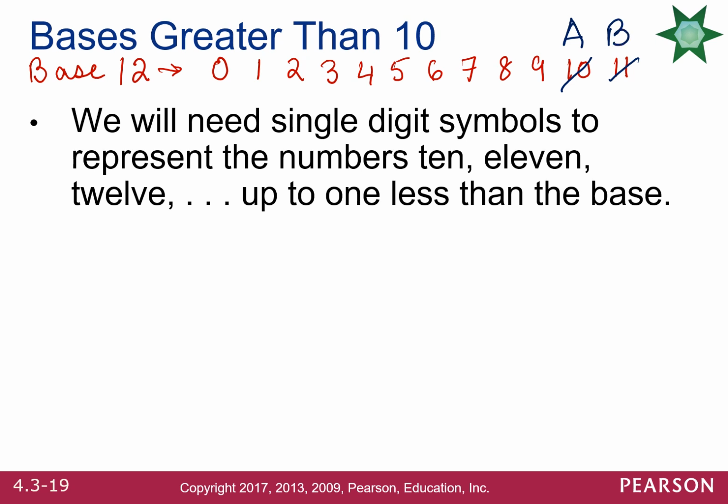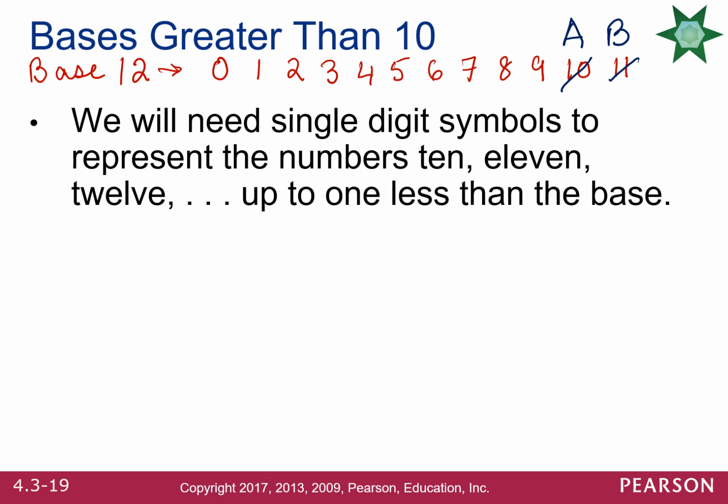Likewise, if we are working with bases greater than 12, then to represent 12, we will use the next letter in the alphabet after B, which is a C, and then D, E, F. We go all the way up to F if we are working with a base 16, and F would have a value of 15. All right, so that's the convention we use.